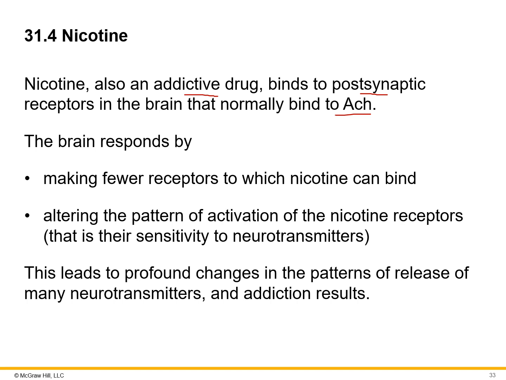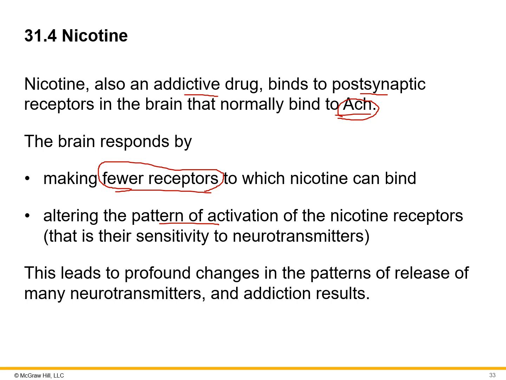Again, it adapts, so it produces fewer receptors that nicotine can bind to, and that alters the pattern of activation of those nicotine receptors. Normally acetylcholine would bind to them, but now because there's so much nicotine, the body's like, you know what, I'm done. I'm going to stop making these receptors. So now when acetylcholine does get released, there are fewer receptors there to do that job.